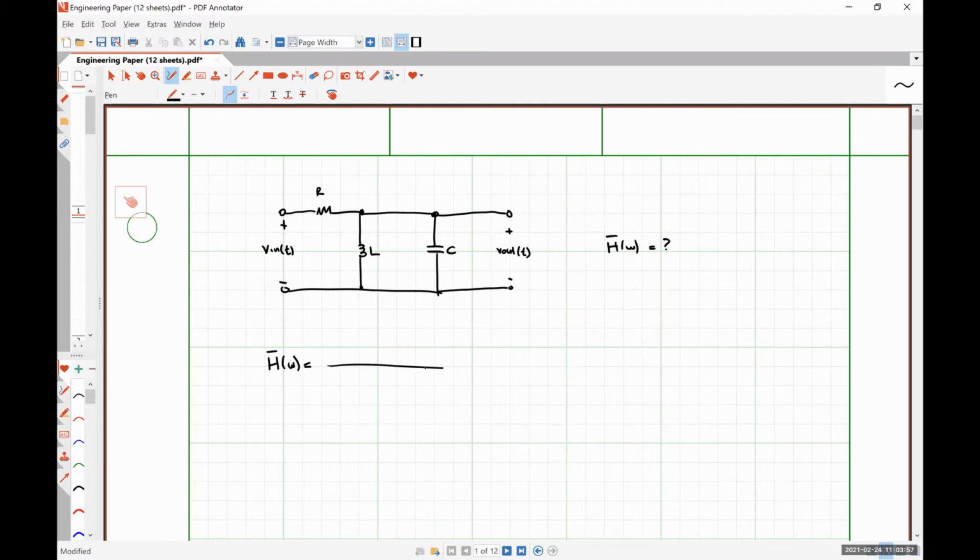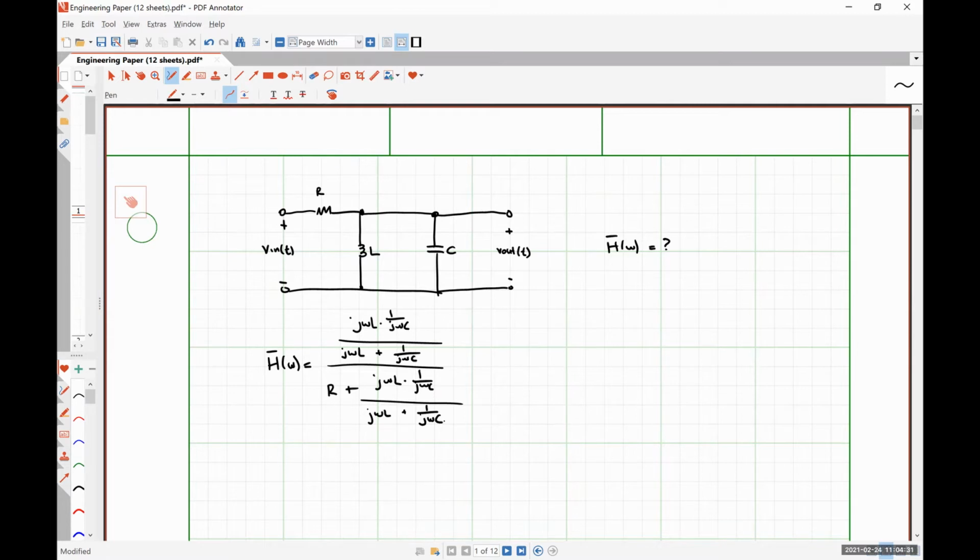So that would be J omega L times 1 over J omega C divided by J omega L plus 1 over J omega C. All of that divided by R plus that same thing, J omega L times 1 over J omega C over J omega L plus 1 over J omega C.